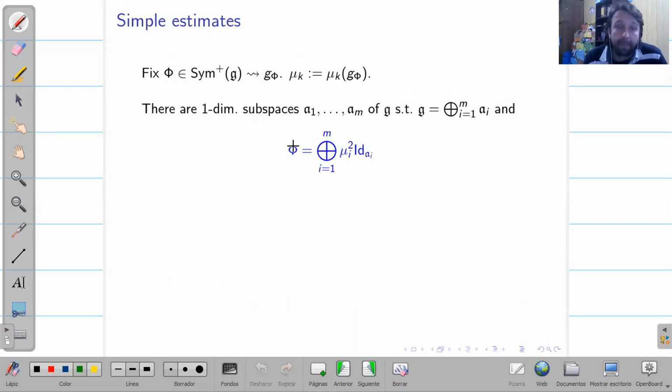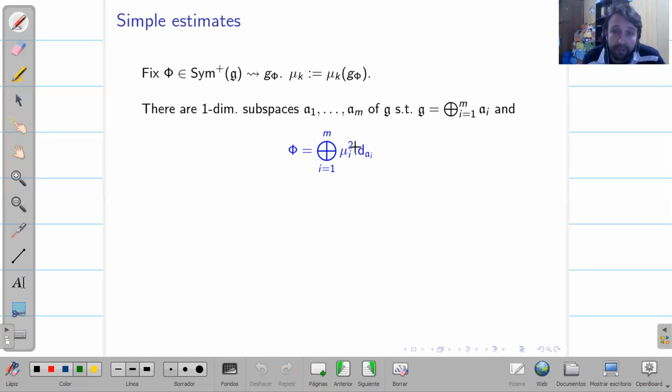Because we have m different eigenvalues, you may take m different eigenspaces or eigenvectors, and these are multiples of these eigenvectors. This element is diagonalized, so we are taking a basis of eigenvectors, and we write it in this way.